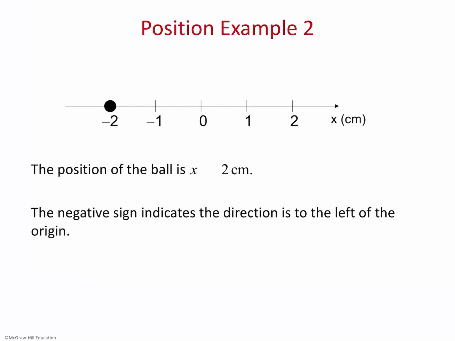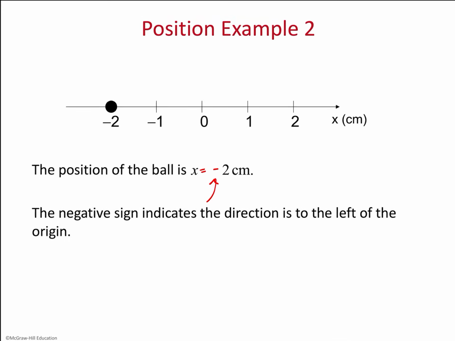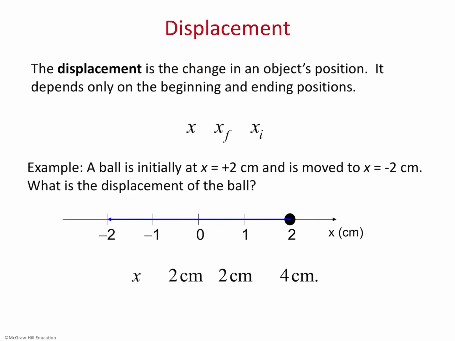If you were looking at example 2 here, x is equal to negative 2 centimeters. So the negative sign again is indicating that it's going to the left. If we were going to do the displacement, we would have final x minus initial x. So this is like your first equation.